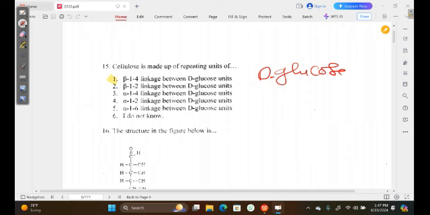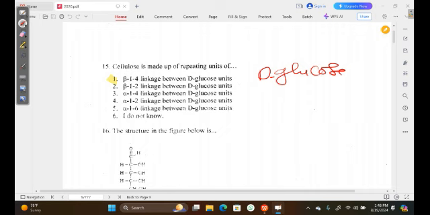The bond that is formed between these glucose units is beta 1,4, meaning that the carbon one of the first glucose will be engaged in the bond formation, and the fourth carbon of the following glucose will be involved in the bond formation.